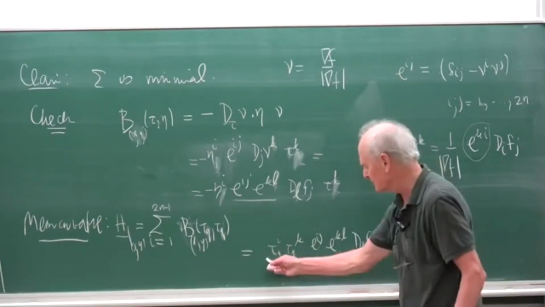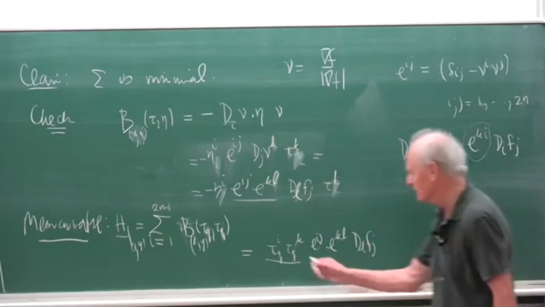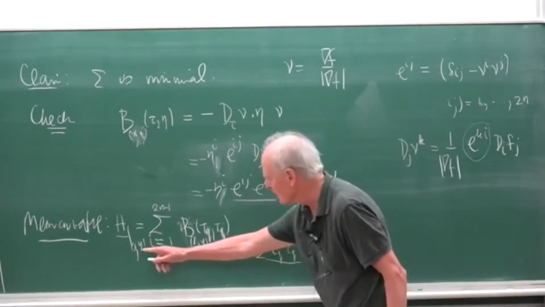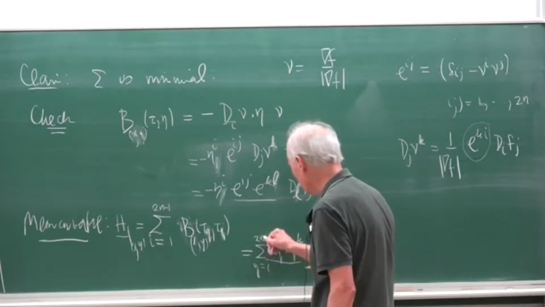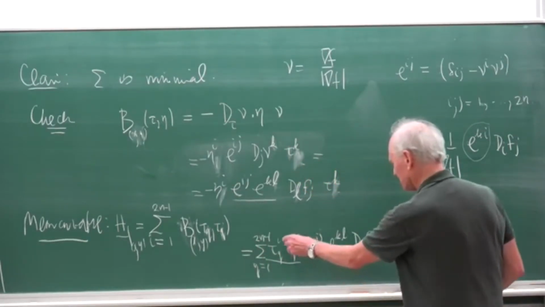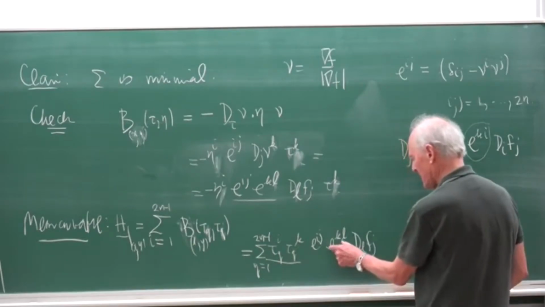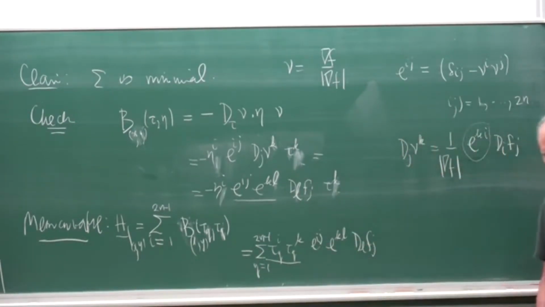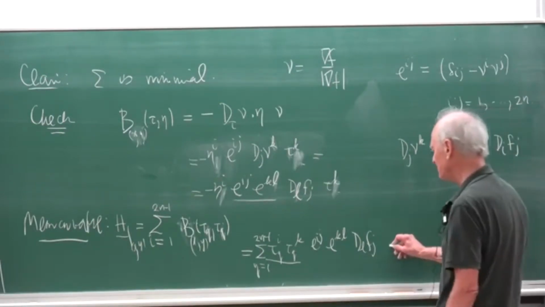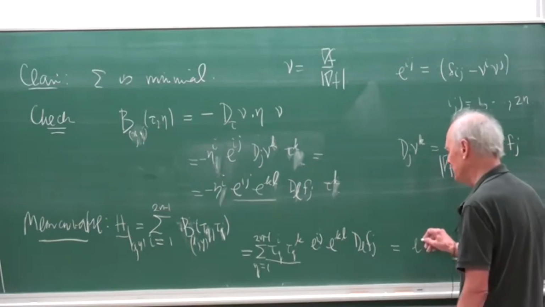Okay, now this, remember, is the matrix of the orthogonal projection again. That's our standard expression for the matrix of the orthogonal projection. When we sum it, at least from 1 up to 2n minus 1, sum over an orthonormal basis, you always get the matrix of the orthogonal projection. So we get an E_ik, but that contracts with this because the square of the projection matrix is equal to itself, right? So this becomes E_ij.